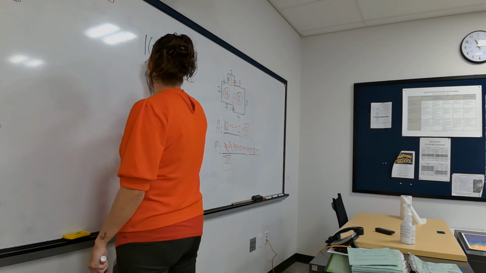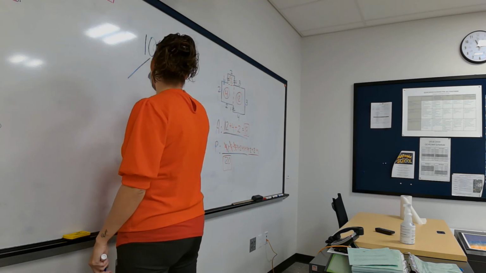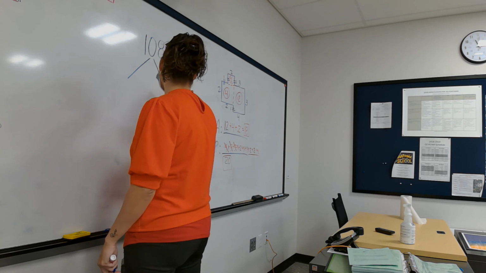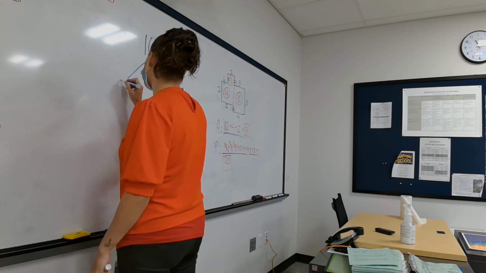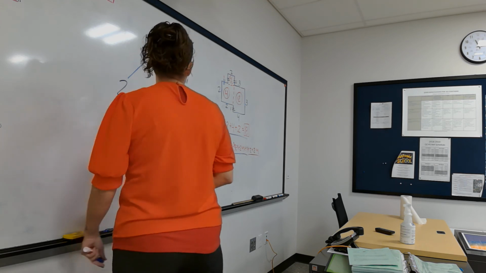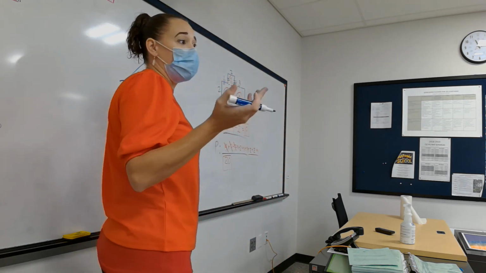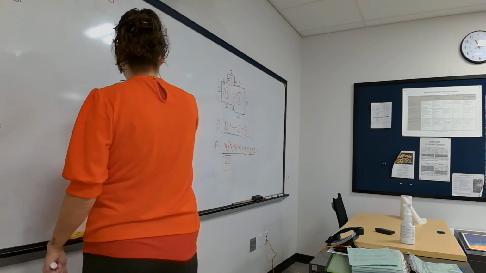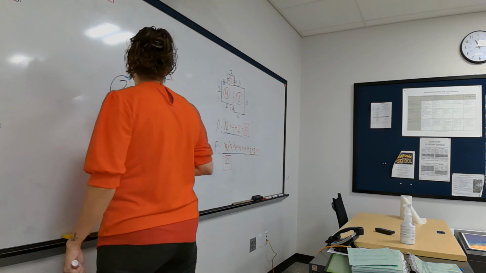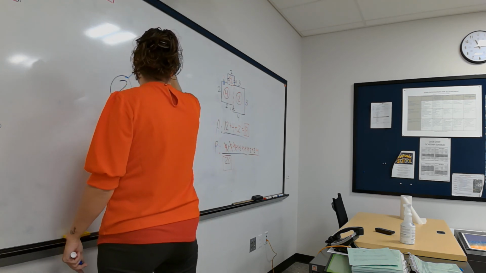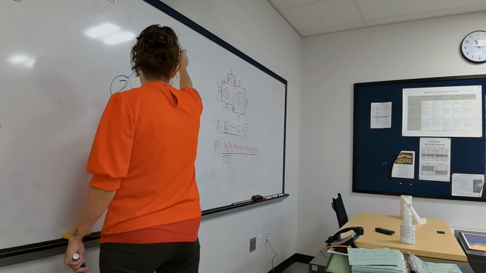All right, so the easiest one that I think most of you guys will do, especially if you see an even number, is you're going to say it's divisible by 2. Okay? And the thing about that is it starts you off with a prime number that you can circle right away. So that's not a bad thing to start with, right? So 2 goes into 108. Well, half of 100 is 50.